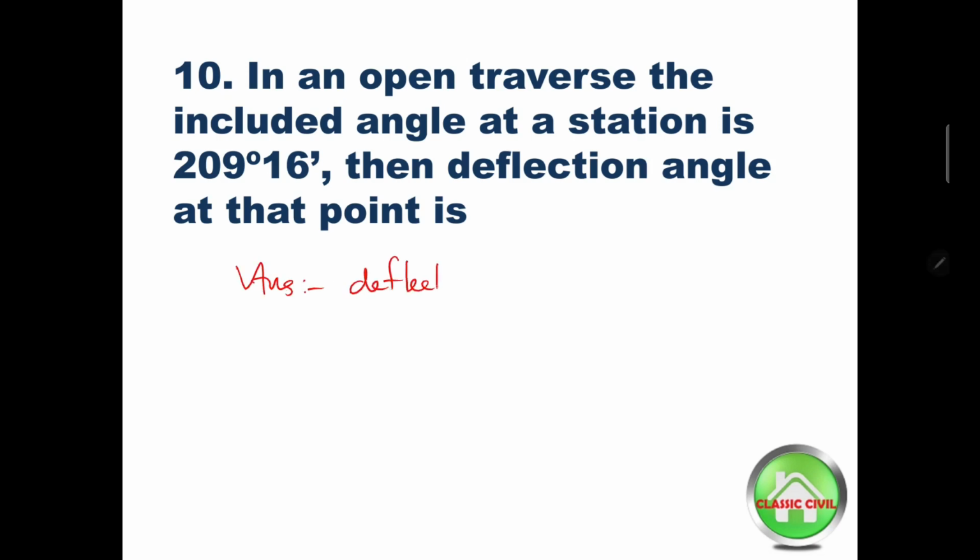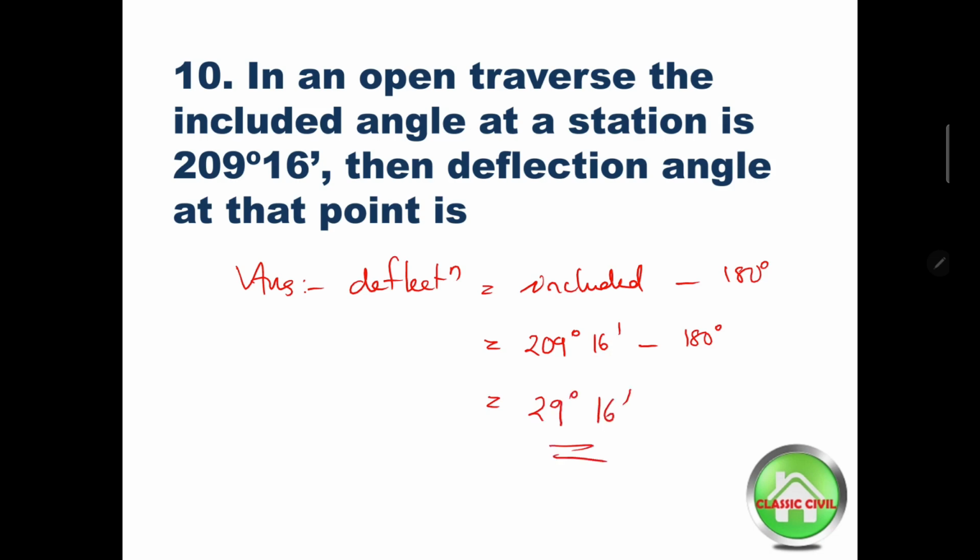Deflection angle is equal to included angle minus 180 degree. That is, here included angle is 209 degree 16 minutes minus 180 degree. That is 29 degree 16 minutes. Therefore, deflection angle at that point is 29 degree 16 minutes.